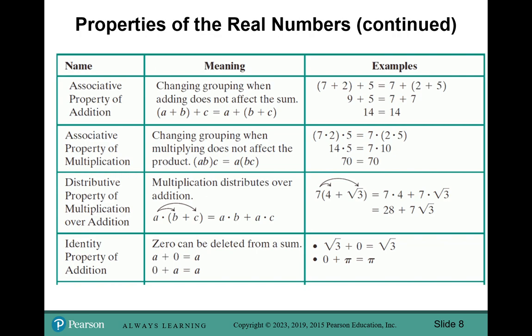The distributive property of multiplication over addition. Multiplication distributes over addition.